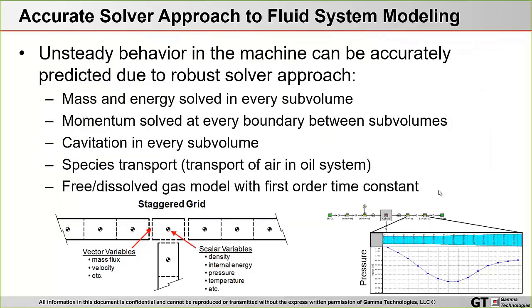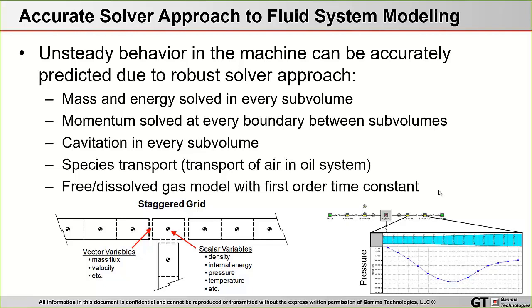Now, in terms of thermal fluid modeling, the approach that we take is really with a transient Navier-Stokes solver that solves the same governing equations you would see with 3D CFD reduced down to 1D.